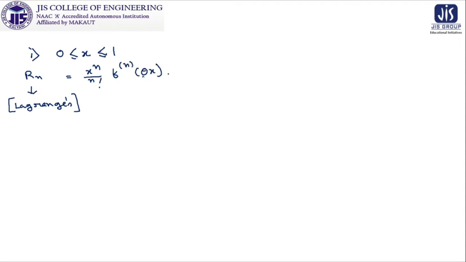We can put the expression of f^n(theta x), and simplifying we get minus 1 whole to the power n minus 1, n minus 1 factorial by n, into x by 1 plus theta x whole to the power n.